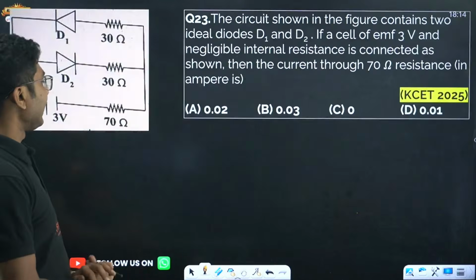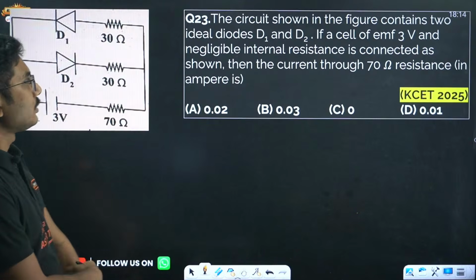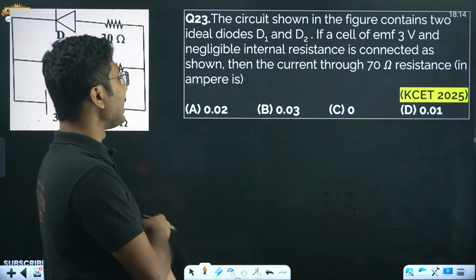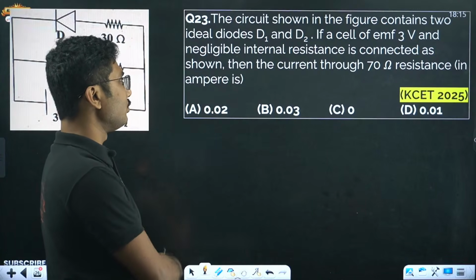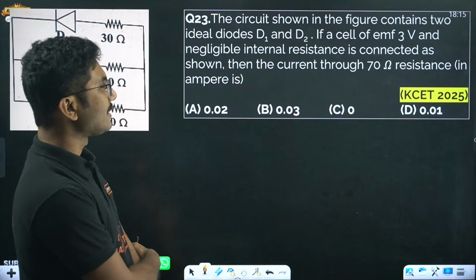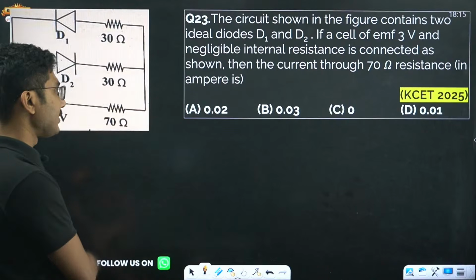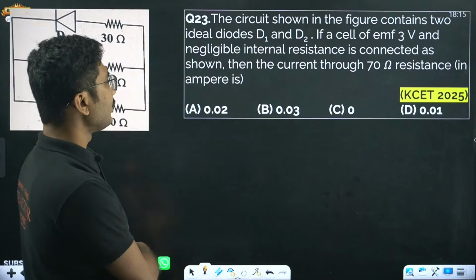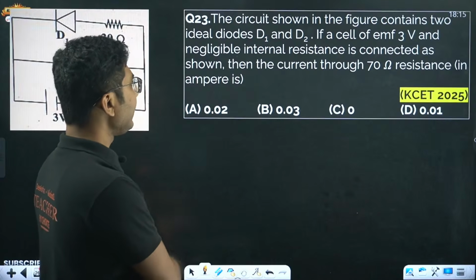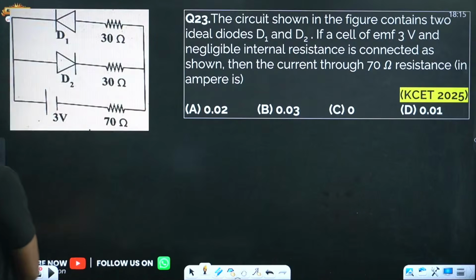Next, the circuits shown in the figure contain two ideal diodes D1 and D2. If a cell of EMF 3 volt and negligible internal resistance is connected as shown, then the current through the 70 ohm resistance in ampere is.